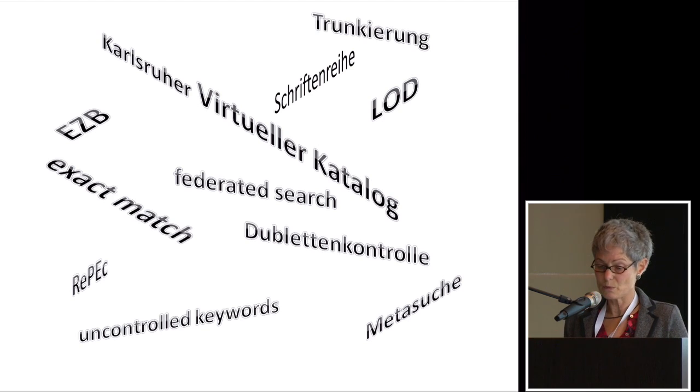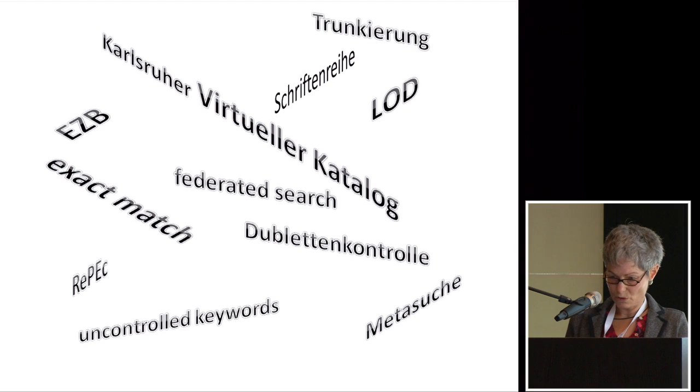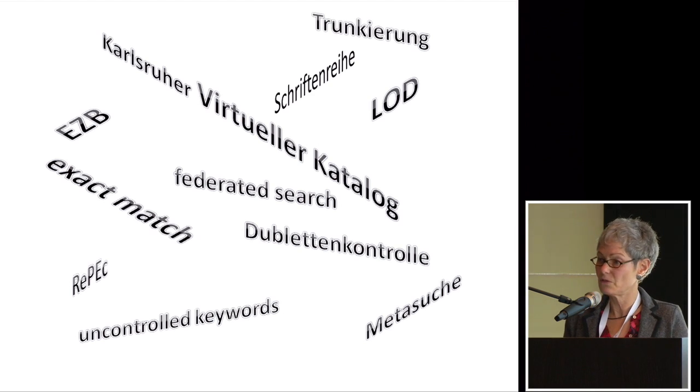We, as customers, are expected to learn these terms. But instead of using these terms, one could use terms that are understandable, like instead of, say, federated search, why not say search in all catalogs or in more databases?